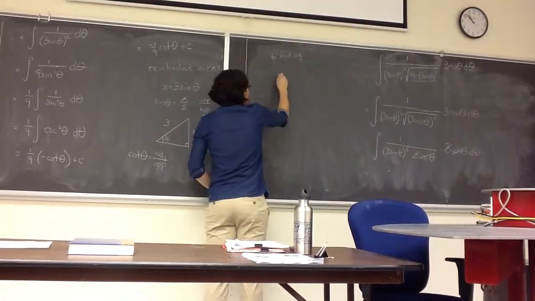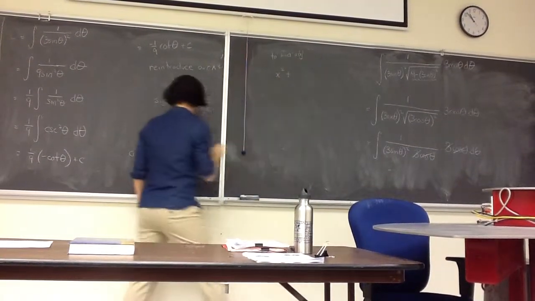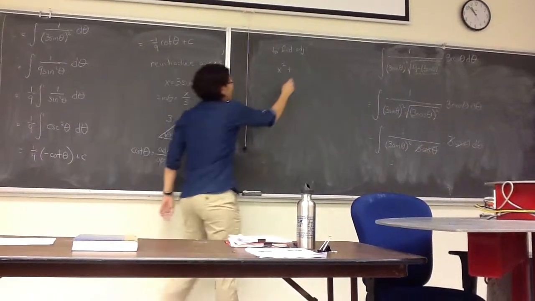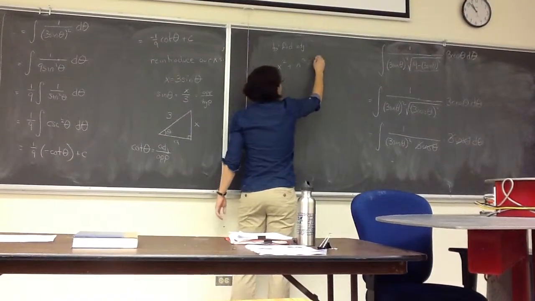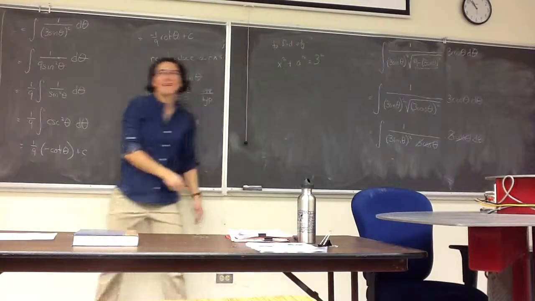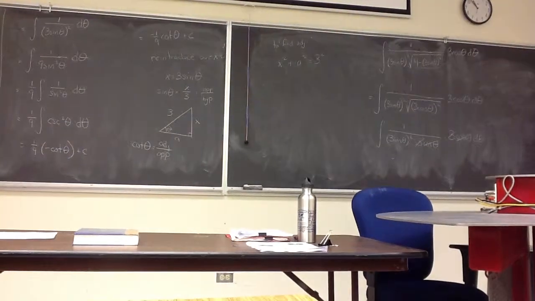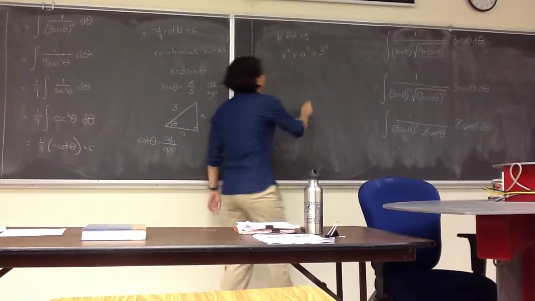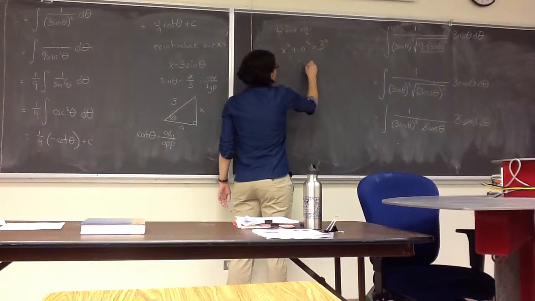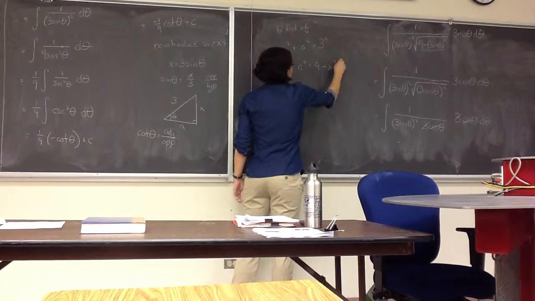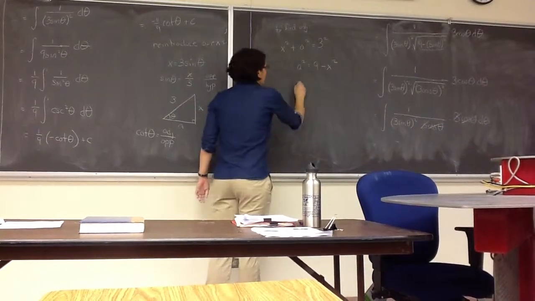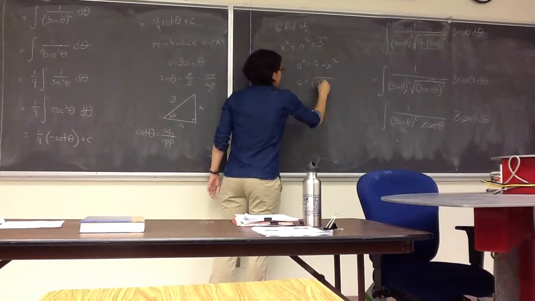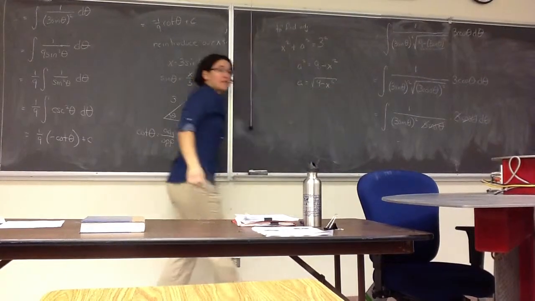Alright, so what do we have? We have x squared plus, let's call that a, a squared equals 3 squared. And you thought you'd never need your trig again. So that means that a squared is equal to 9 minus x squared. And so a is equal to the square root of 9 minus x squared.